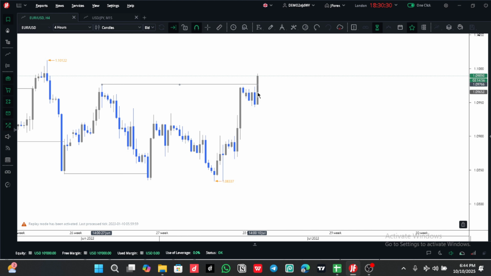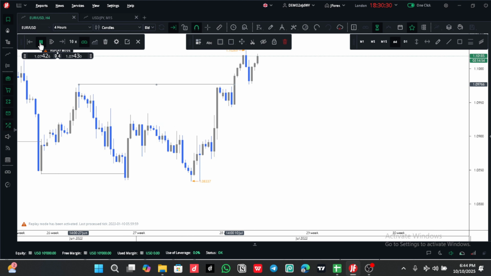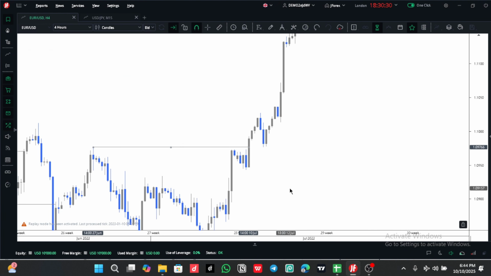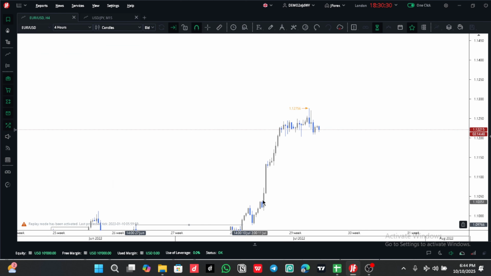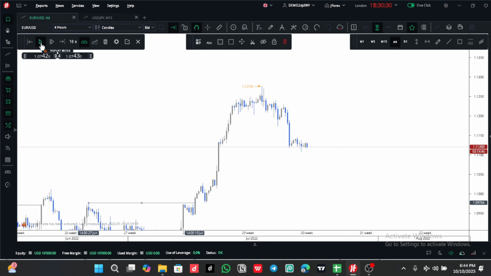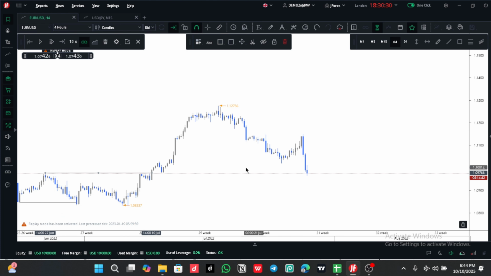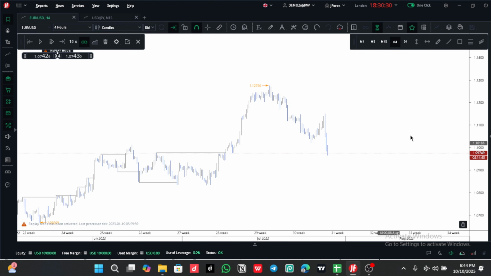There's another break of structure right here. It is a larger range.